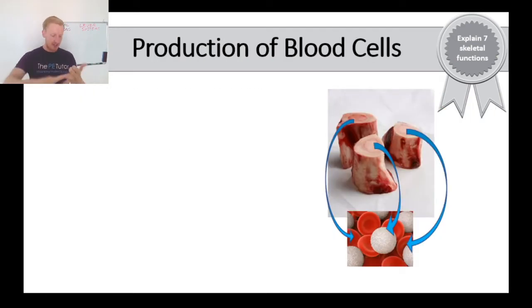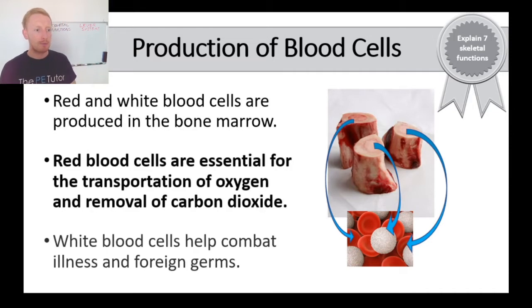So we've got movement, attachment, protection, production. Inside of our bone marrow, we are constantly producing and secreting the chemicals that lead to the production of new red blood cells and new white blood cells, both of which make up part of the blood cocktail that runs around our body 24/7.